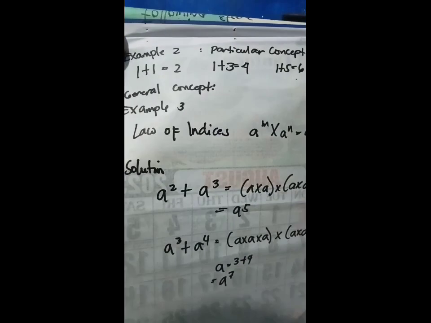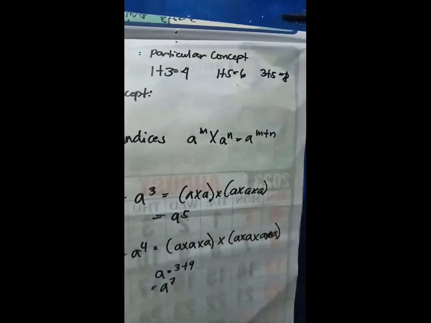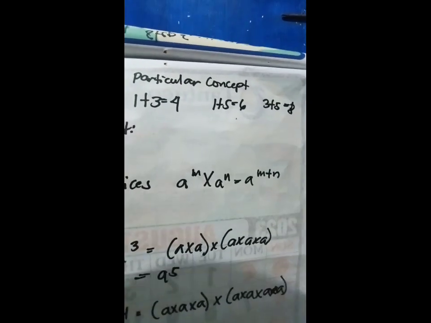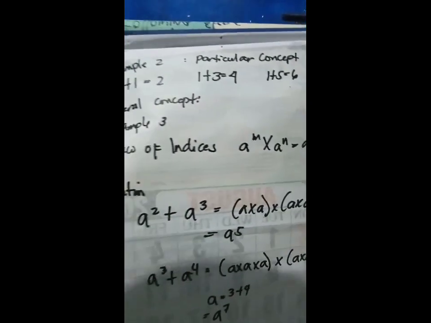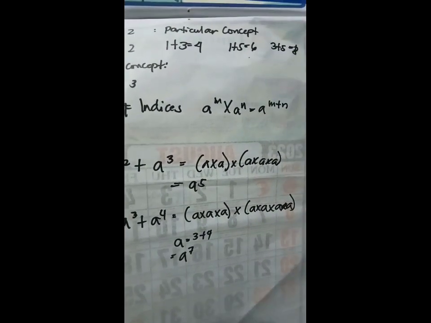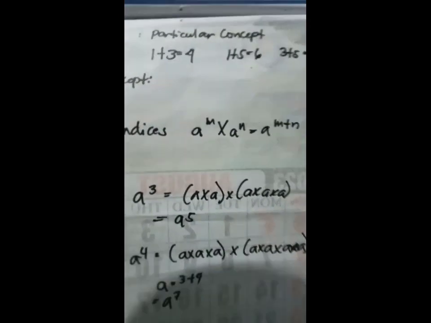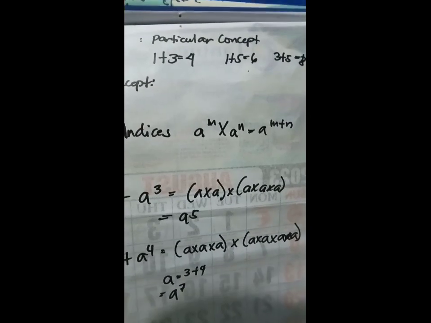Example number 3, the law of indices. a to the power of m times a to the power of n is equivalent to a to the power of m plus n. The solution: a to the power of 2 times a to the power of 3 is equivalent to (a times a) times (a times a times a), which is a to the power of 5.